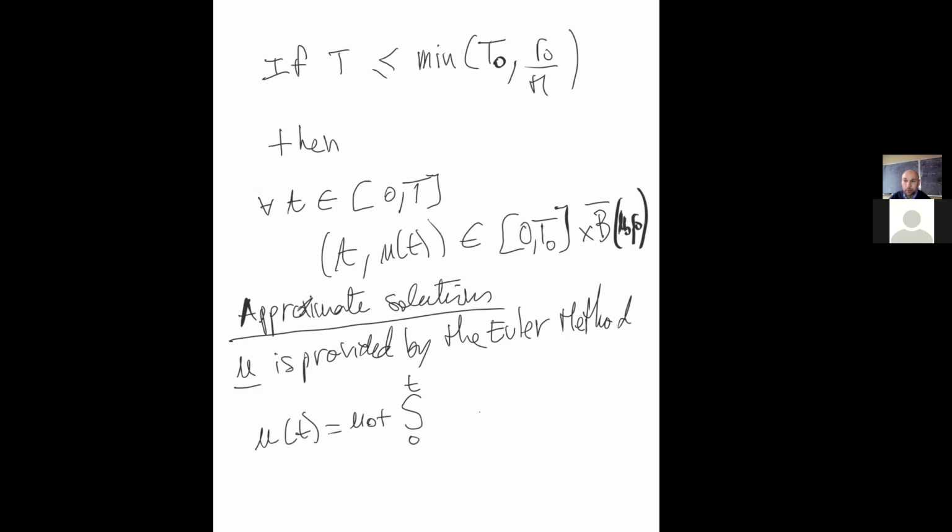What I was writing was wrong. But what I wanted to write is this. This is true because U is piecewise C1. So it's continuous, and I can write that.